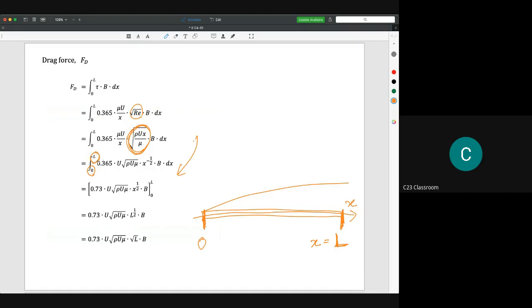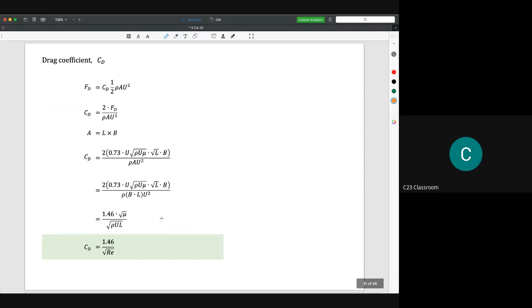What we do here is, because we have an x term, we can integrate with x, and then we substitute with the value of L. So finally, we will get the drag force equal to this one. I hope you could rearrange this equation, but it is okay for you not to rearrange that one first.